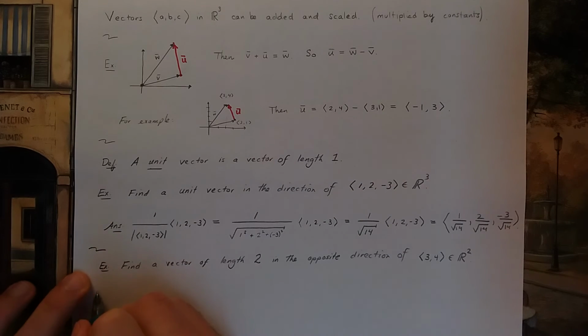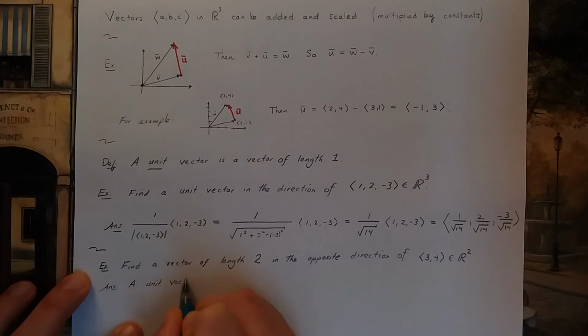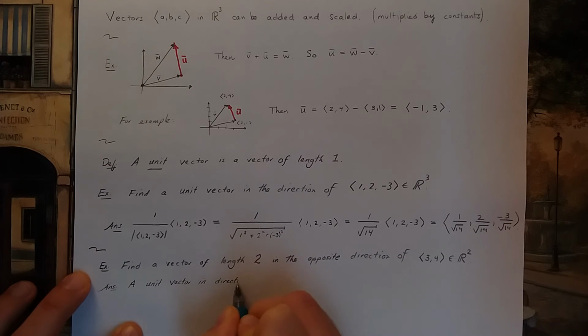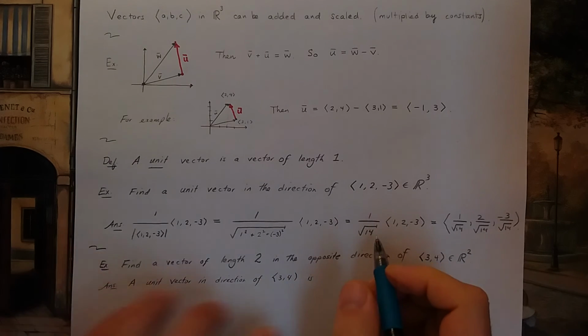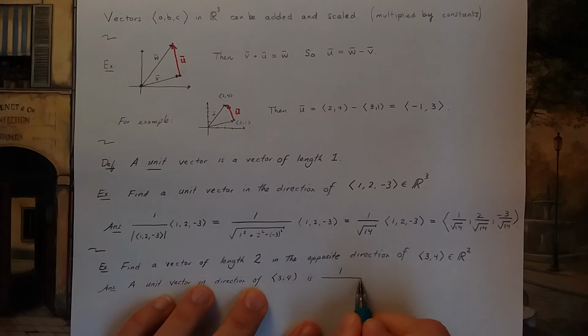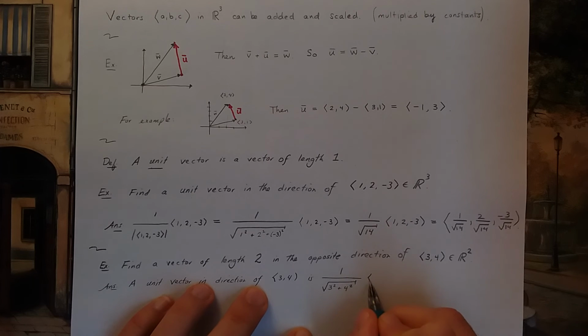So here's my answer. A unit vector in the direction of 3, 4 is the vector 1 over the square root of 3 squared plus 4 squared times 3, 4.